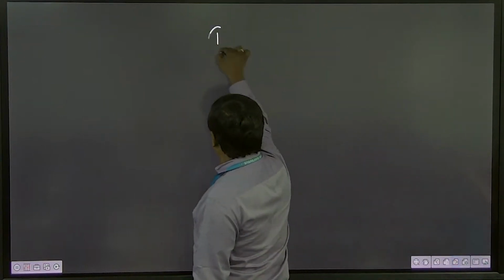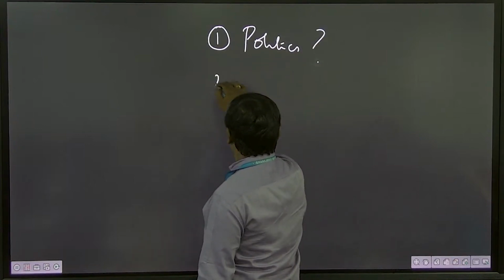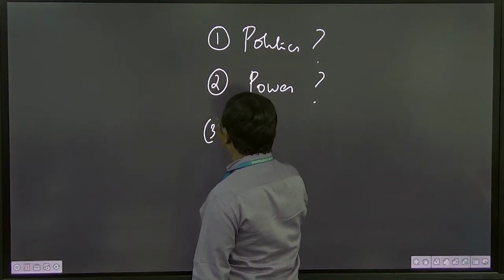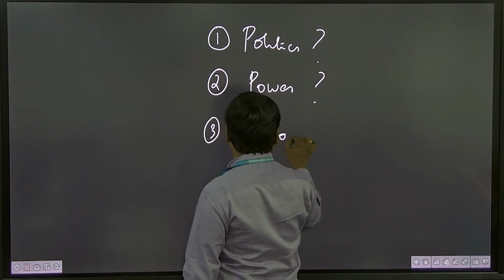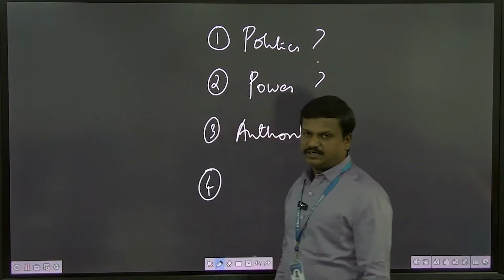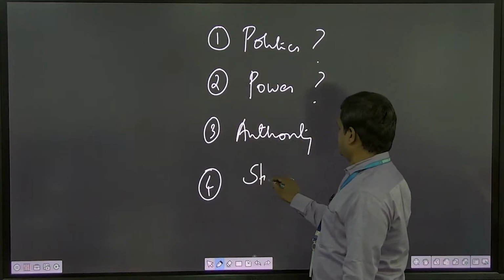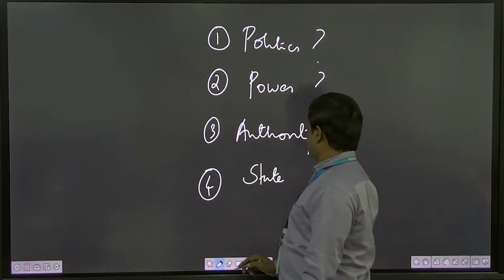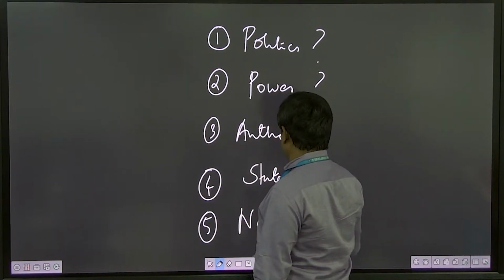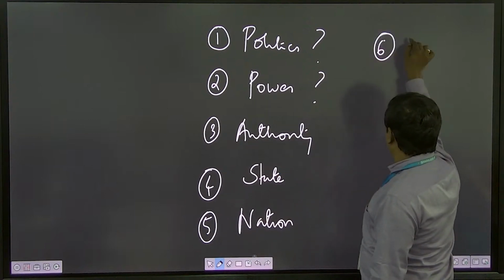What and all we have seen today? What is politics? Number 2, what is power? Number 3, what is authority? And 4th, we will see what is state. And 5th, we will see what is nation. Sixth, we will see what is civil society.